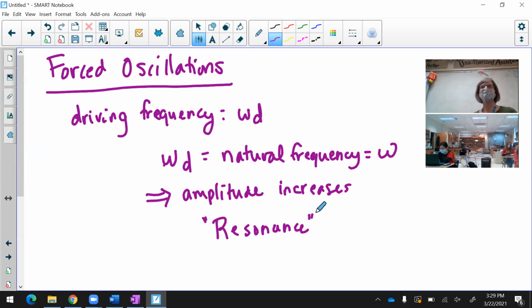When you pump and you're on the swing, that's one of those things that little kids have to learn. You have to pump and you have to pull and push at the right frequency, at the right time in the swing. And that's probably more what you're doing with gymnastics. So you are still achieving resonance and increasing your amplitude.